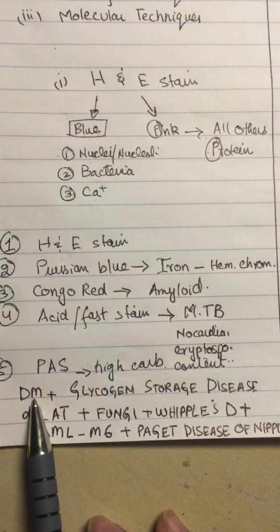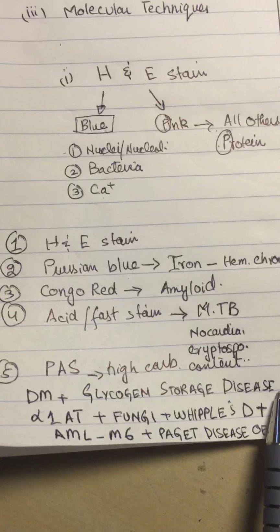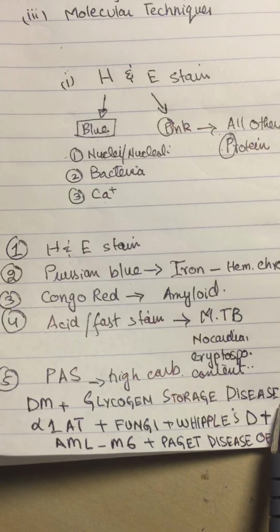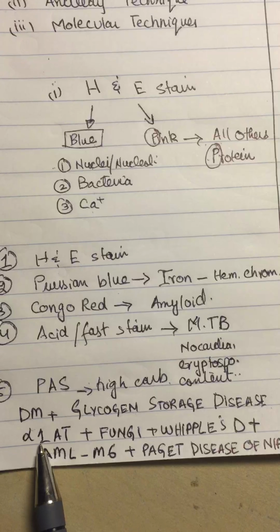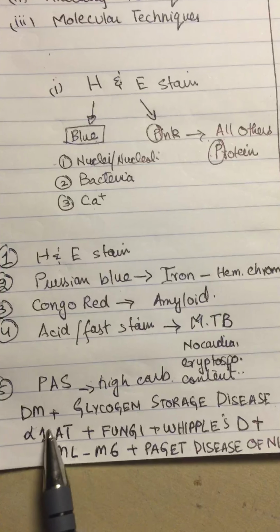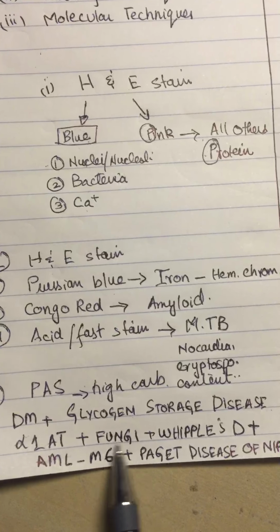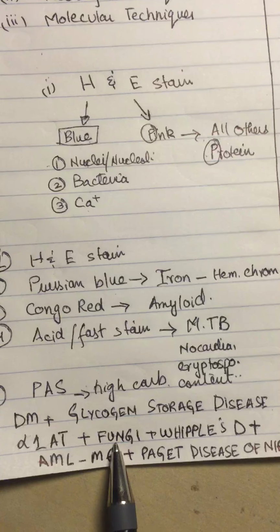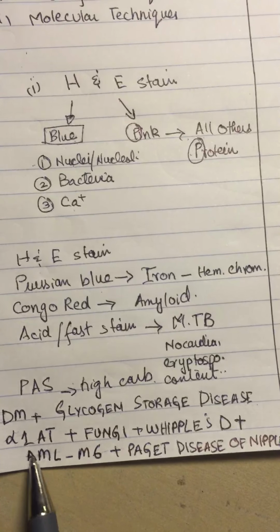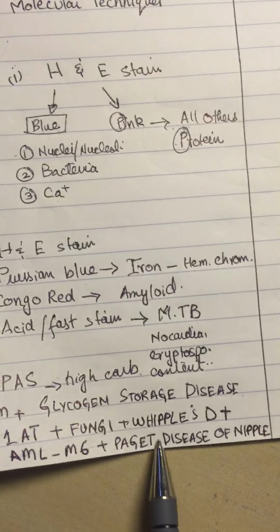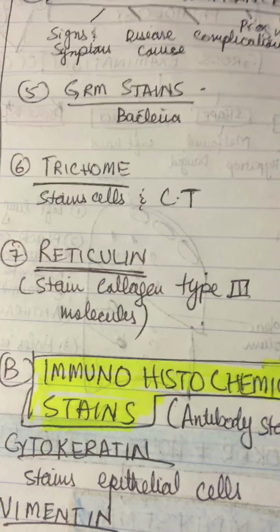One is diabetes mellitus, glycogen storage diseases such as McArdle, von Gierke or Pompe disease, alpha-1 antitrypsin deficiency, that is going to be stained with PAS. Some fungi have high carbohydrate content in their cell wall, Whipple's disease, AML-M6, and Paget disease of the nipple are going to be stained positive with PAS.